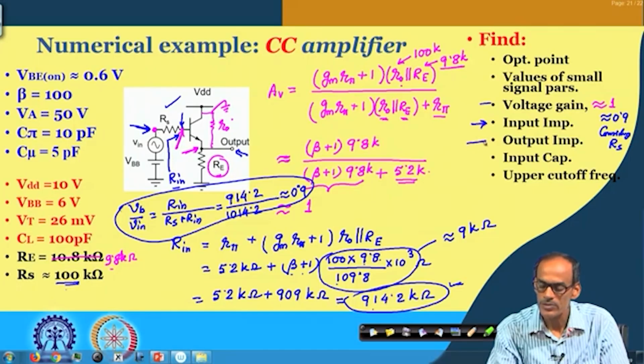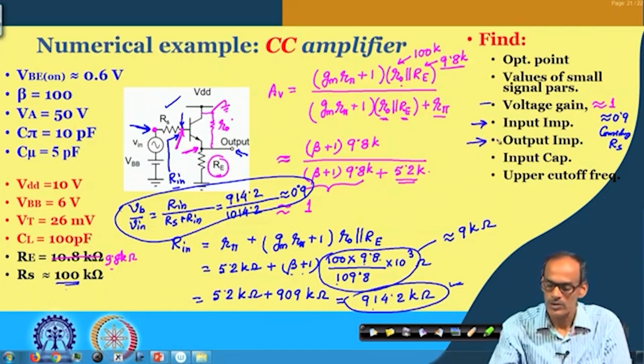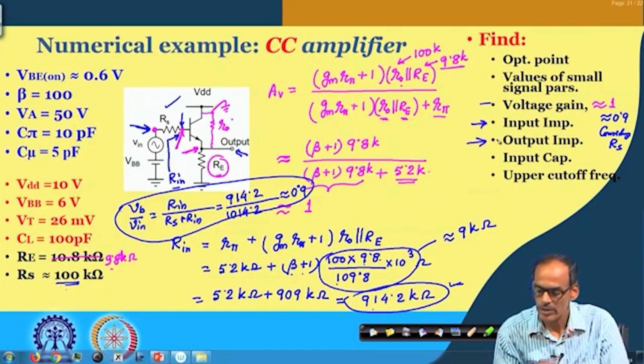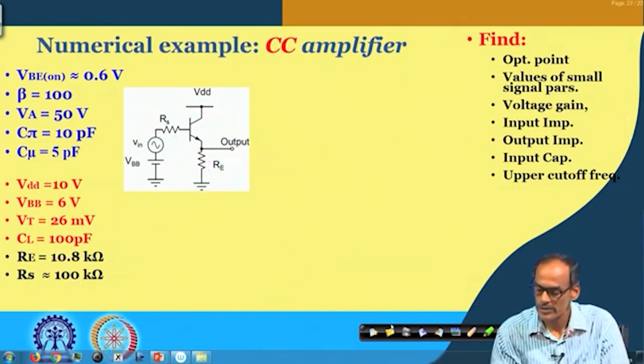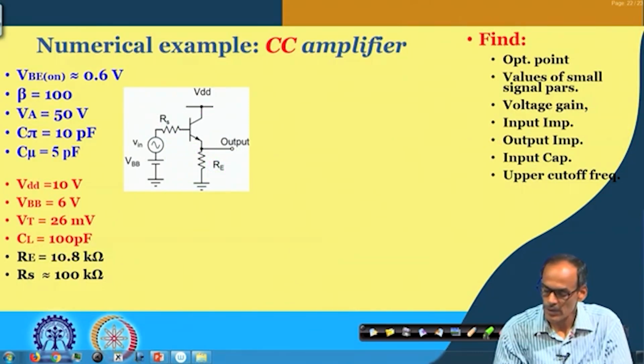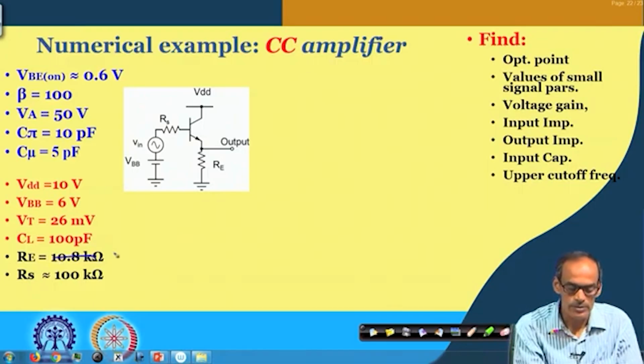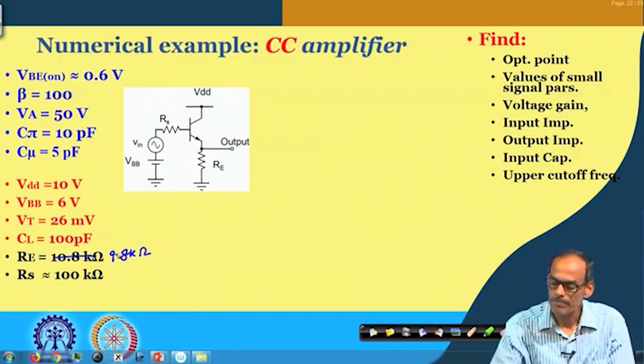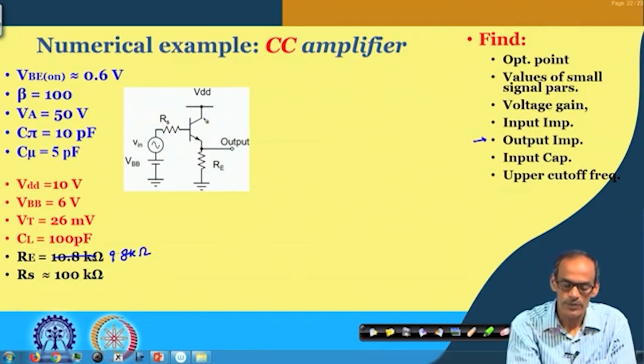Output resistance we have discussed before, so again we can go through that. Let me clear this. This is 9.8 K as we have taken. So, if I consider this part, this gives us the output impedance very close to 1 by G m.